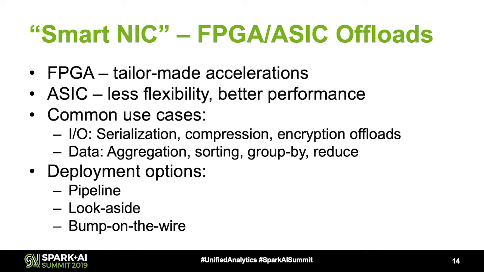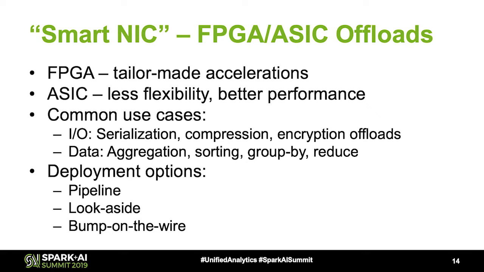SmartNIC is something that is becoming very popular. It usually involves a network adapter that has an FPGA or an ASIC integrated into it that is meant to perform specific offloads. The FPGA case usually involves more tailor-made accelerations, which are specific to whatever the customer workload is. ASIC is a little bit less flexible, but it gives much better performance.